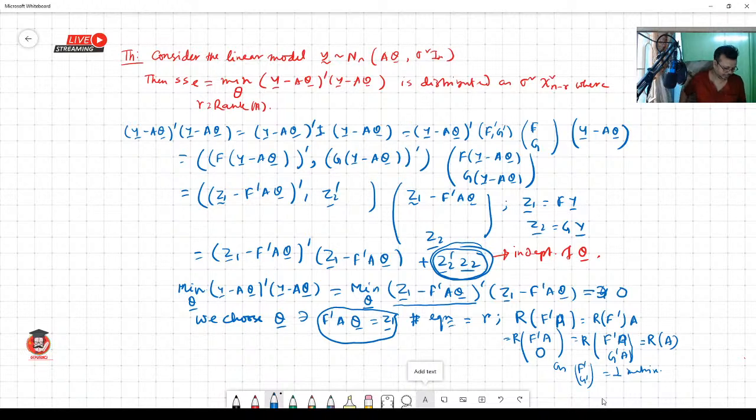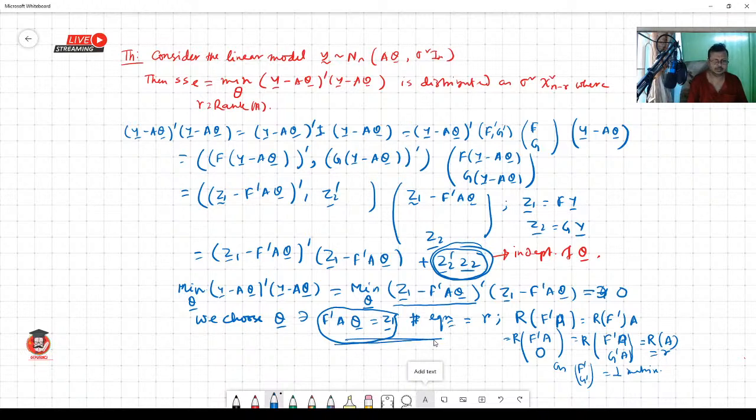Okay, so the rank of the coefficient matrix f prime A is nothing but the rank of A. And the rank of A is r, so this equation is solvable.